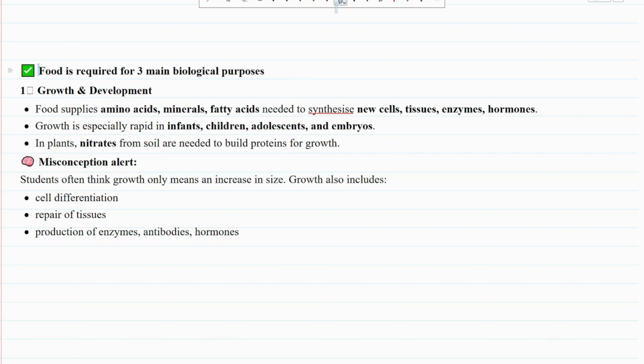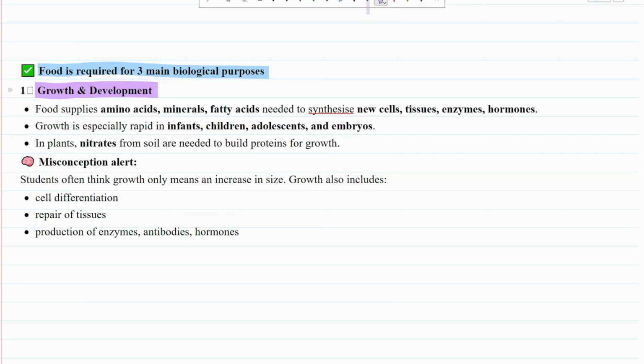Here we see food is required for three main biological purposes in the body. First of all, the most basic one, growth and development. Every living organism wants to get food to make its body bigger, to develop new parts, like plants make new leaves, new fruit, new branches every season. So that's the growth and development.